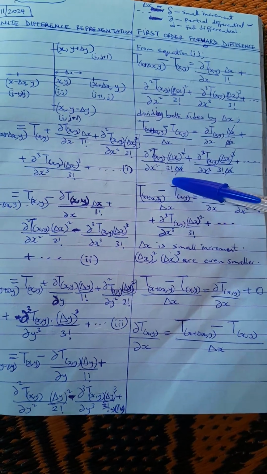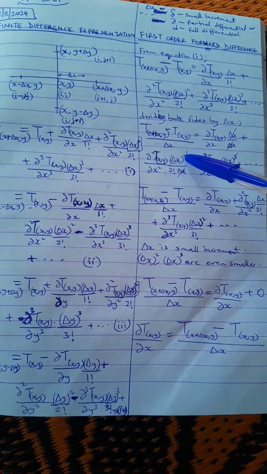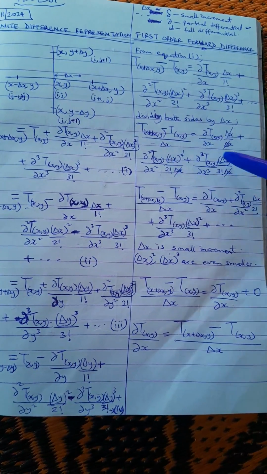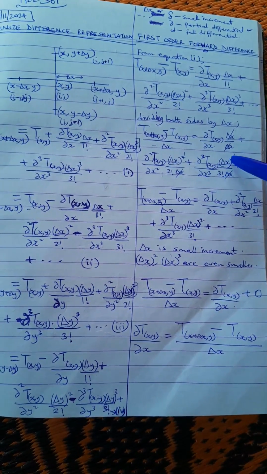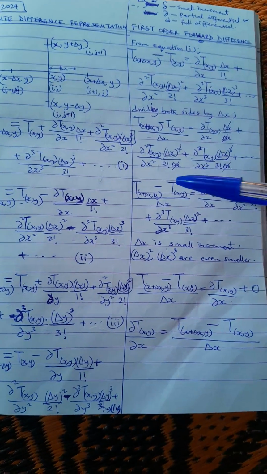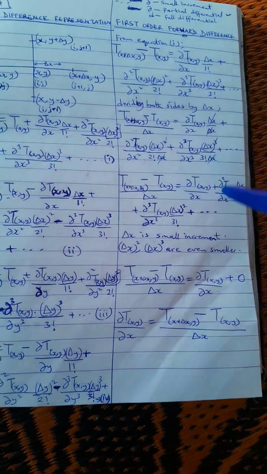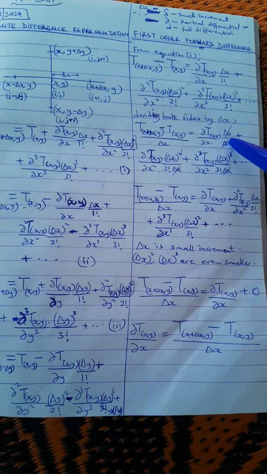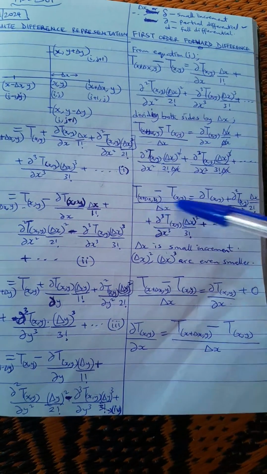So one delta will cancel this second delta here. It remains 1 delta X here. The third one also, delta here will cancel this. It remains delta X square. So and so on like that. So let's proceed. Cancel all those ones out. The remaining ones is like this.